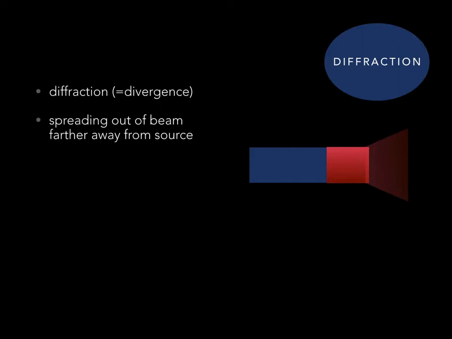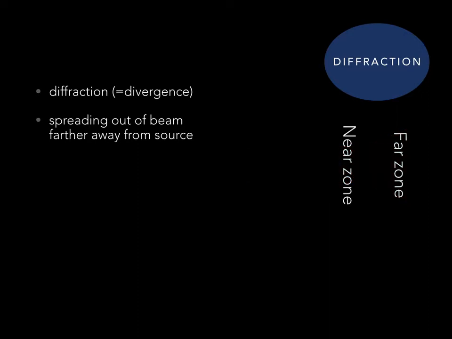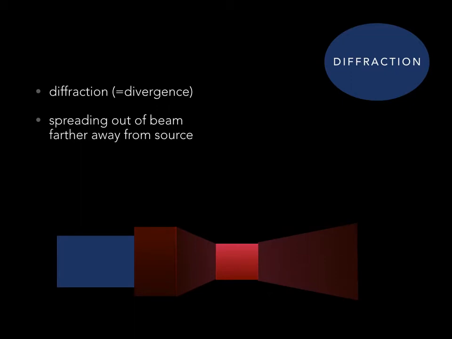With an unfocused transducer, the beam starts parallel but then diverges, creating a near zone, that's the Fresnel zone, and the far zone, that's the Fraunhofer zone. Resolution is worse in the far zone. Focusing of the ultrasound beam is achieved by using acoustic lenses, creating a focal zone where resolution is highest.